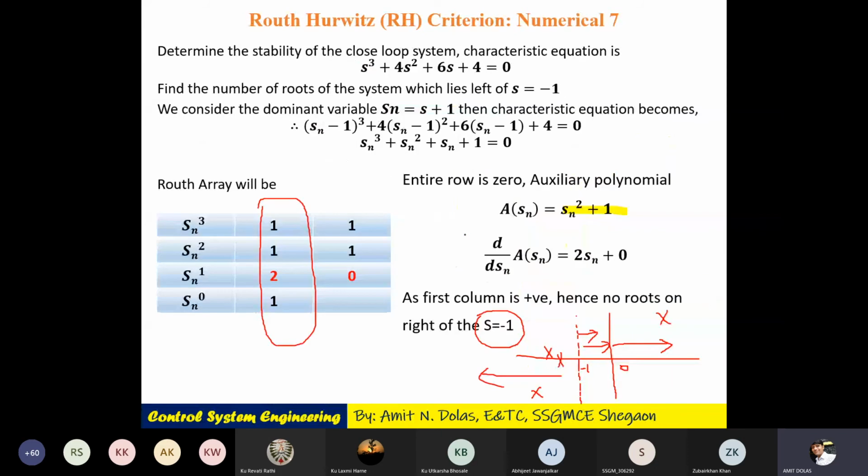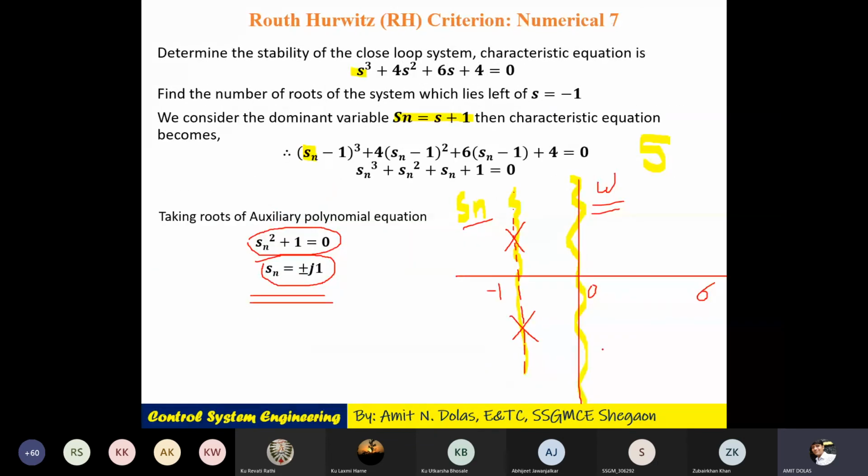And again, just before this slide, we made a statement looking at this Routh array that as the first column is positive, hence no roots on the right hand side of S is equal to -1. If we show poles here, then our previous statement is wrong. We just said that there is not a single pole on the right hand side of this line.